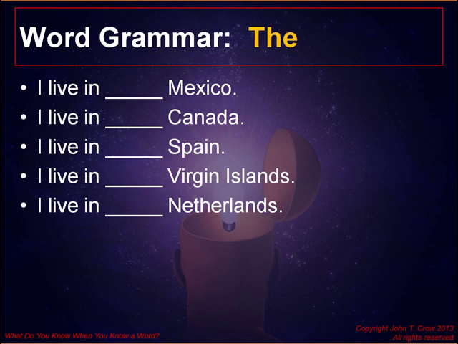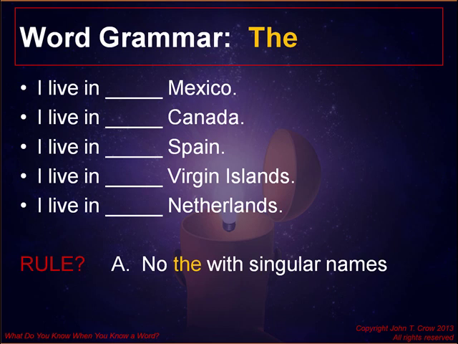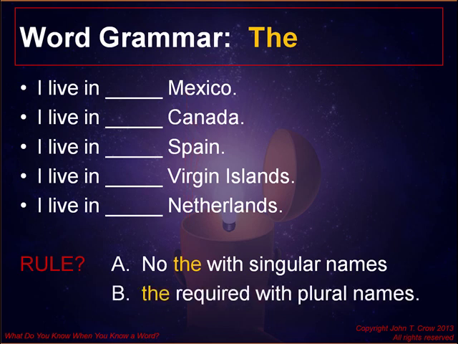What's the exception to using "the" in front of a person or place name? You do not use "the" with singular names. You're required to use "the" with plural names. I live in the United States.